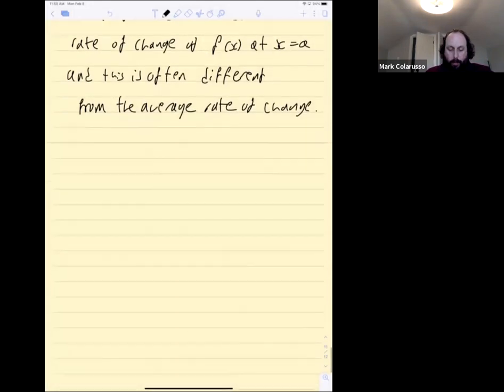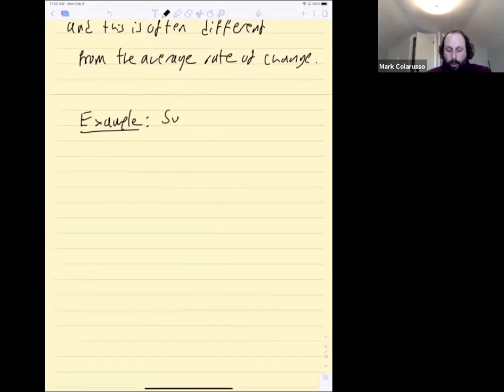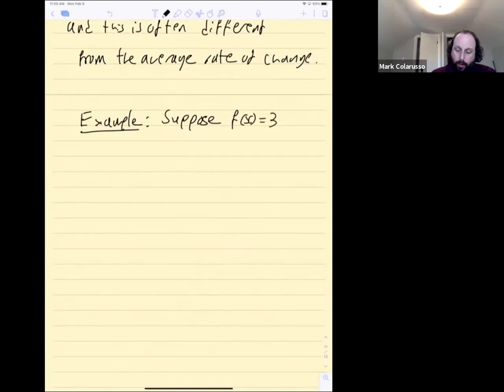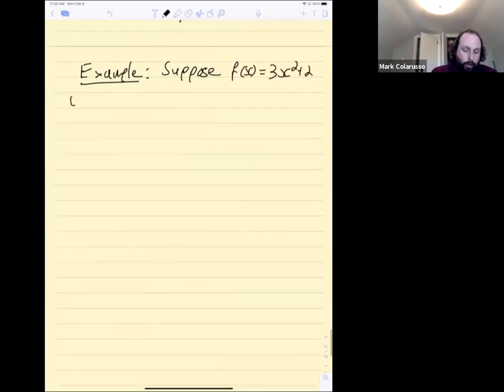So here's an example. This is going to be more abstract. Suppose that we have a function, f of x is equal to 3x squared plus 2. And we want to do two things.